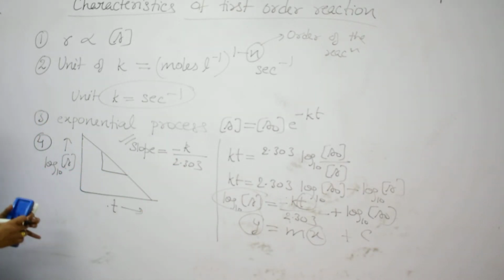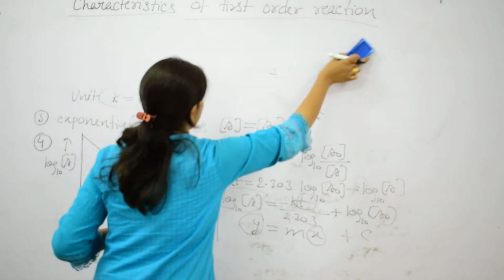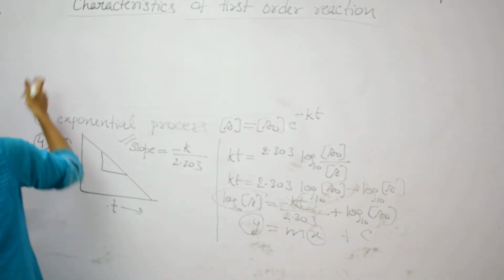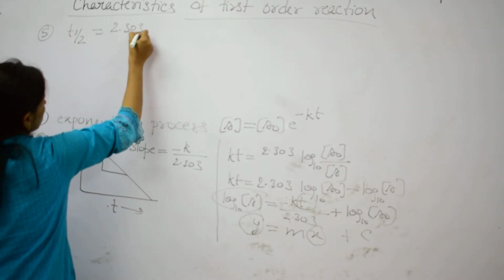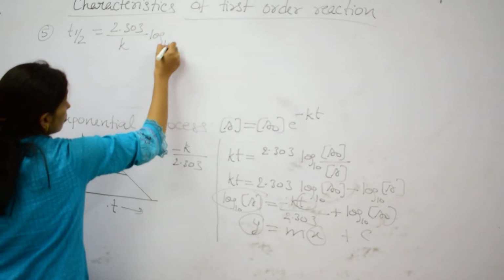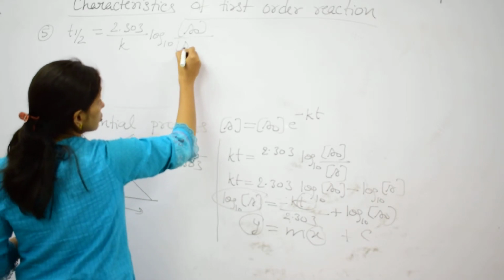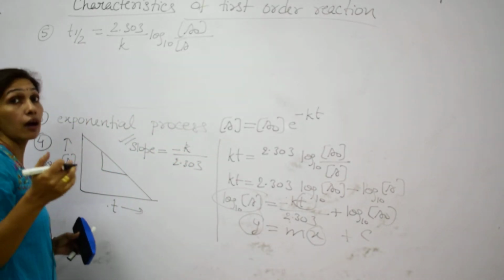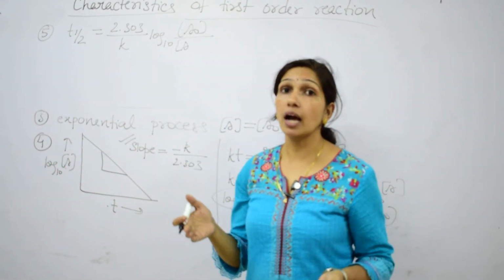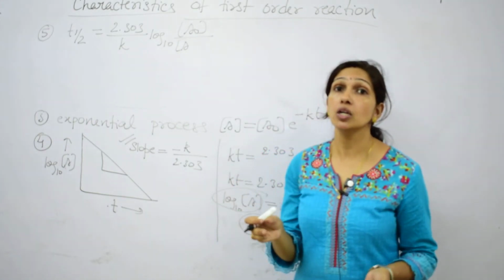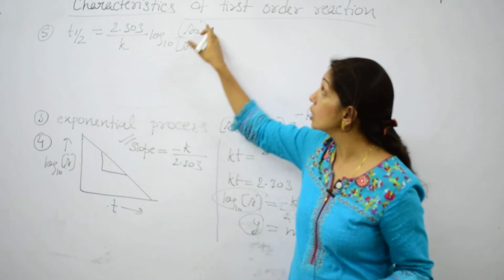Next thing, the half life of first order reaction, t half. The half life for first order reaction can be given by 0.693 upon k, because the half life means the time required to complete half of the reaction, the time required to change the initial concentration into its half value, A naught by 2.